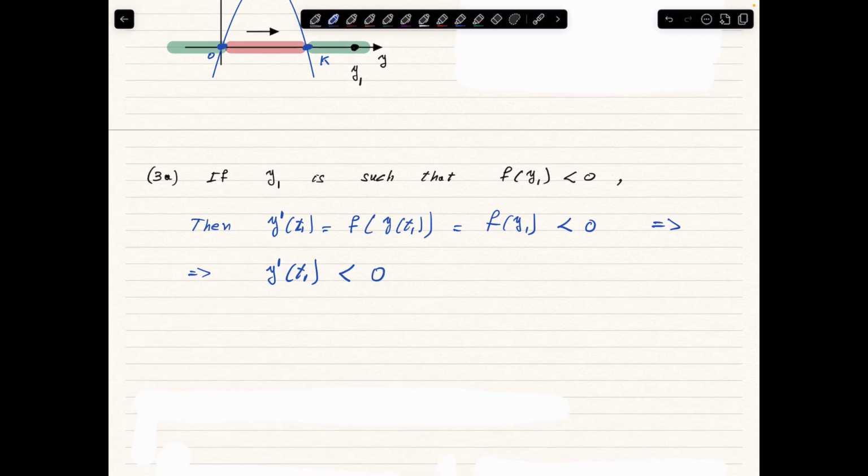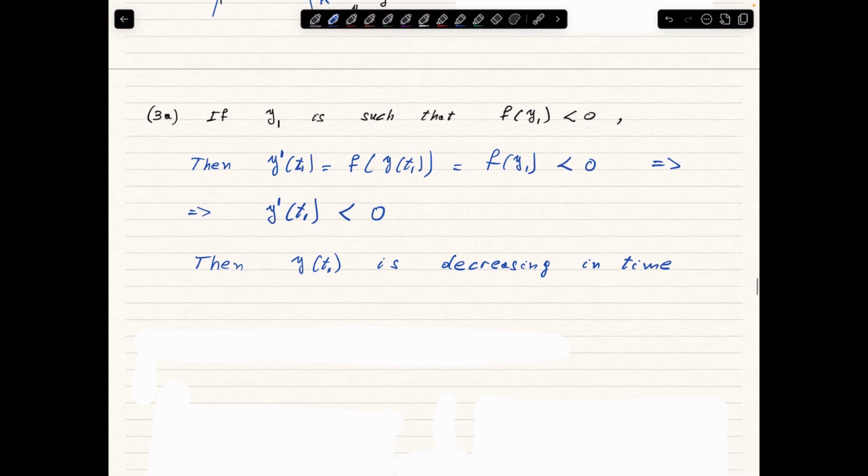And that means that y of t at that time t1 is a decreasing function in time.